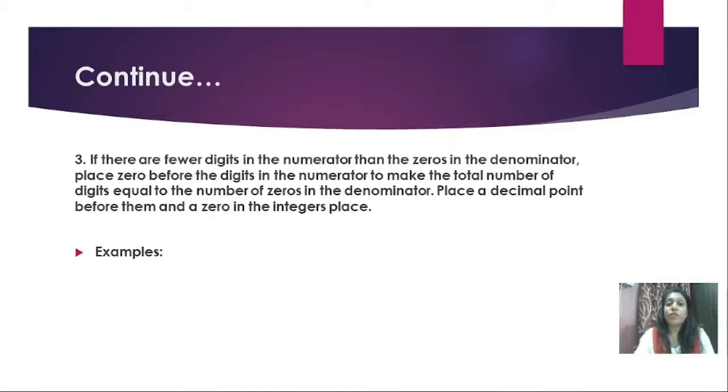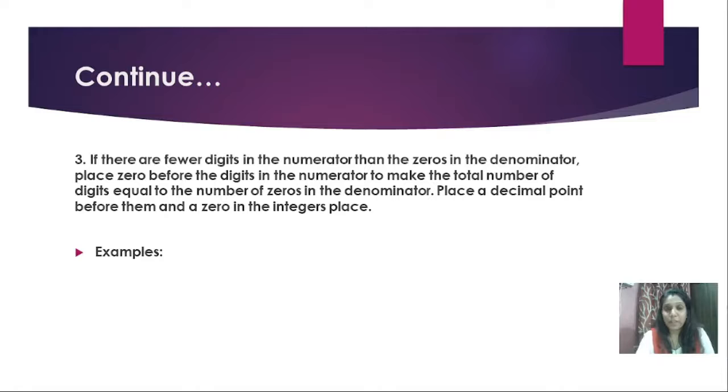If there are fewer digits in the numerator than the zeros in the denominator, place 0 before the digit in the numerator to make the total number of digits equal to the number of zeros in the denominator. Then place a decimal point before them and add a 0 in the integers place.